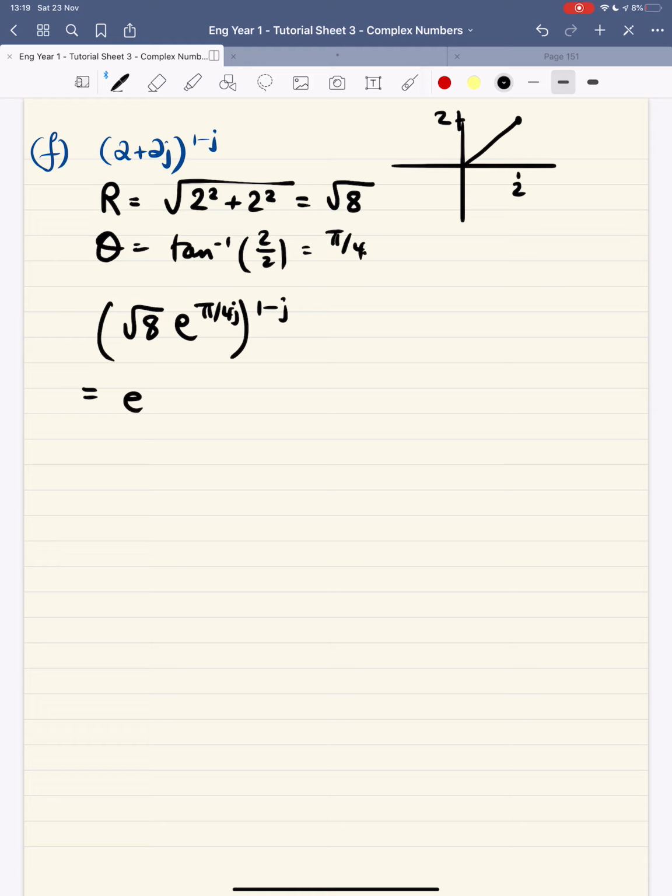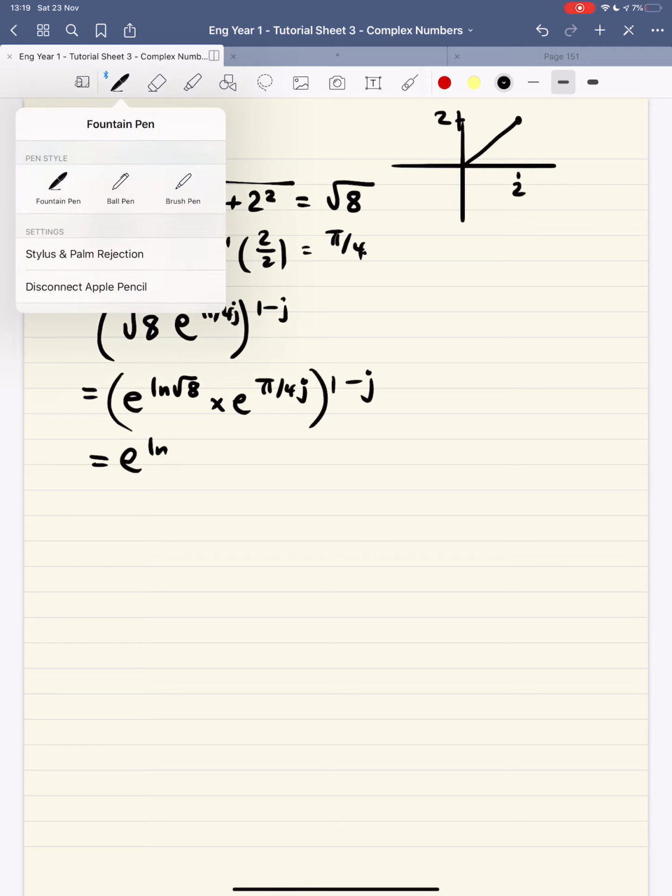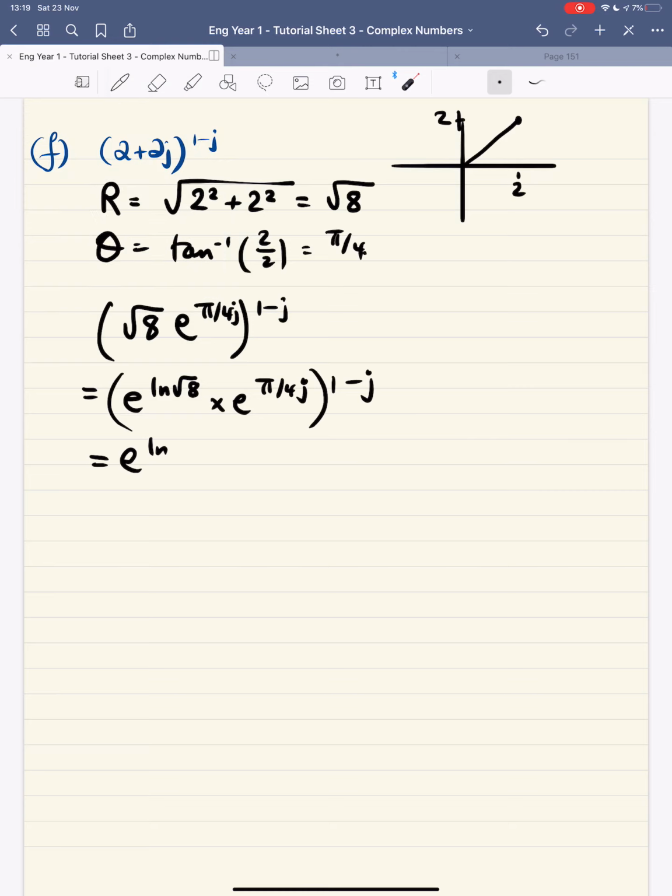So this is e^(ln √8) times e^(jπ/4), to the power 1-j. So we're going to do each one to the power 1, and then each of these to the power minus j.